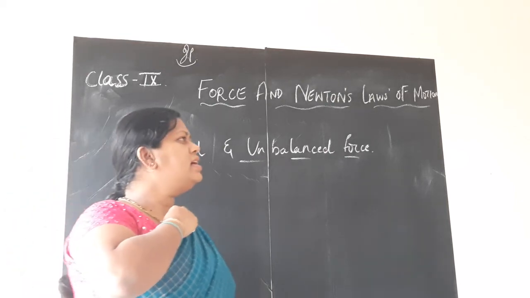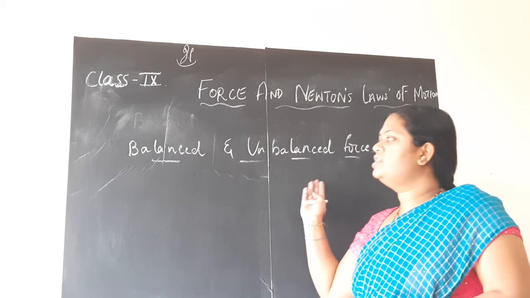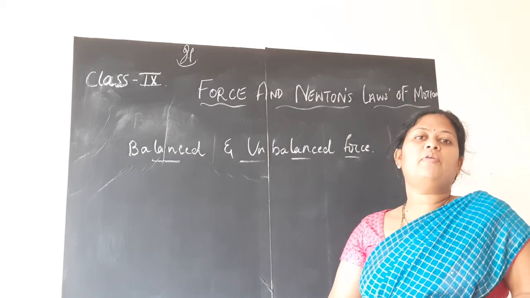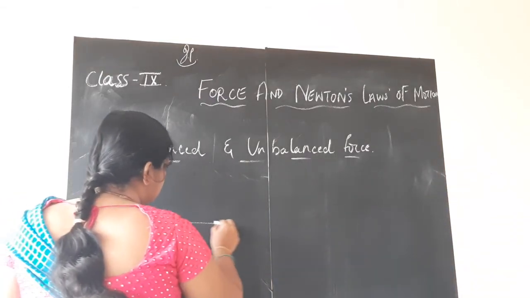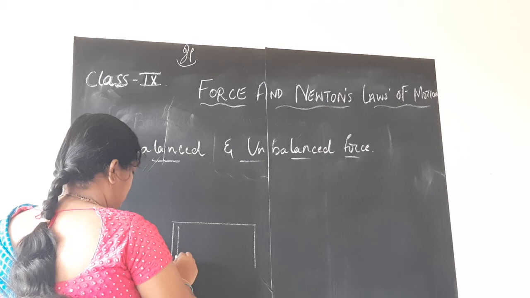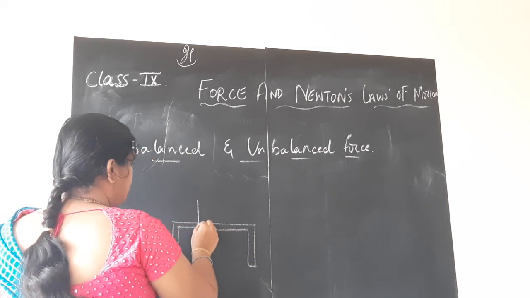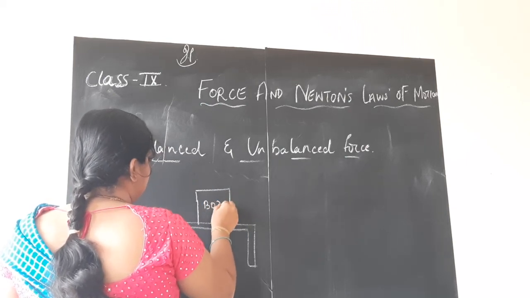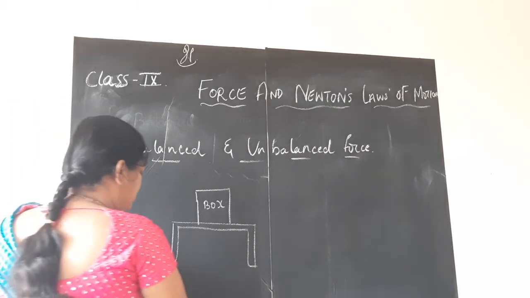But what are we talking about with respect to when we say balanced or unbalanced force? Let us understand that with the help of an example. I am drawing a table and I will place a box on the table.